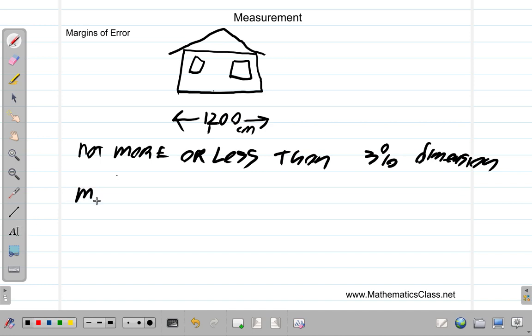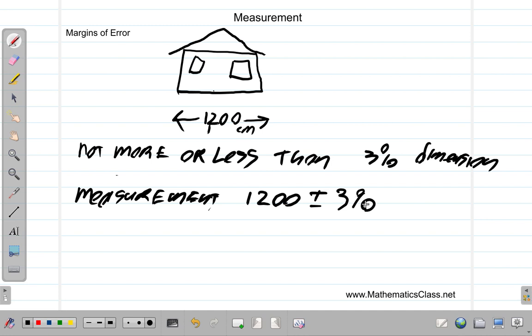So the measurement has to be 1200 plus or minus 3%. Alright? Let me rewrite that percent sign. 1200 plus or minus 3%.